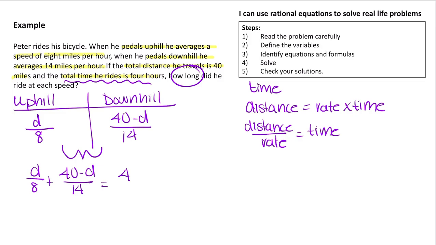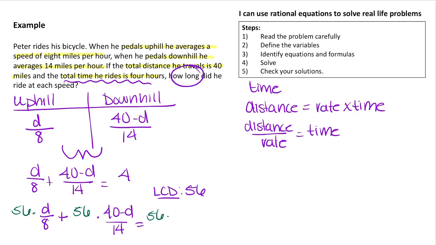The least common denominator of 8 and 14 is going to be 56. So I'm going to multiply every single term in this equation by 56. It's going to be 56 times D over 8 plus 56 times 40 minus D over 14, and that's equal to 56 times 4.